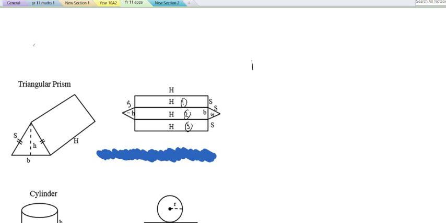Now, for shape number 1, how do we calculate its area? What sort of shape is it to start? Rectangle. So rectangle is length times width. In our case, it is the H, capital H, times S.